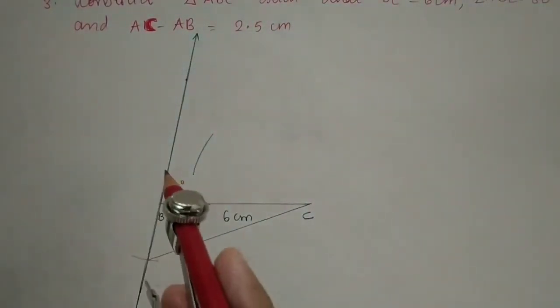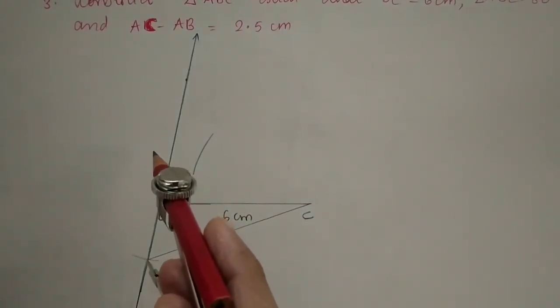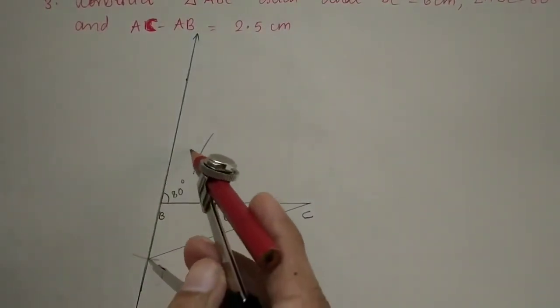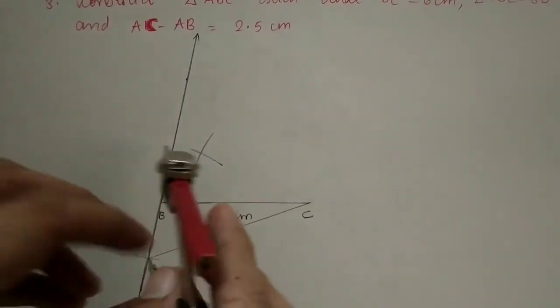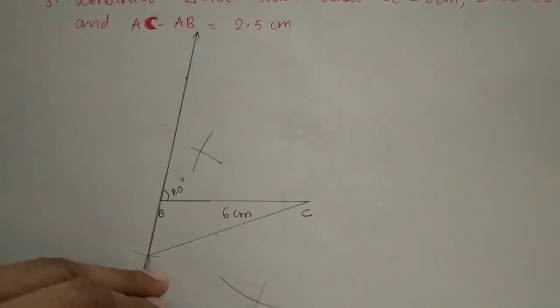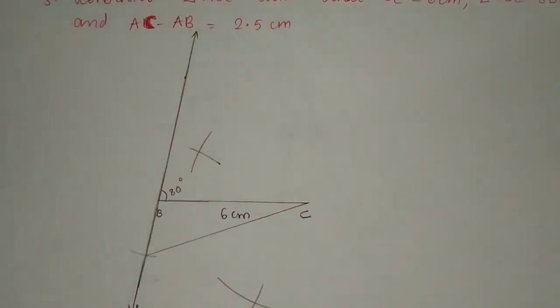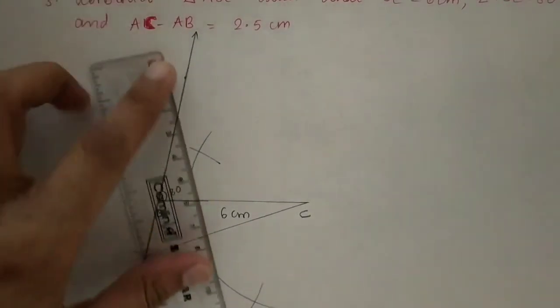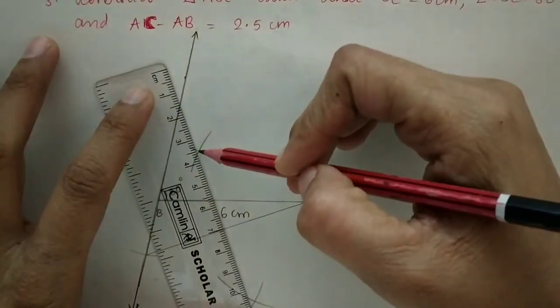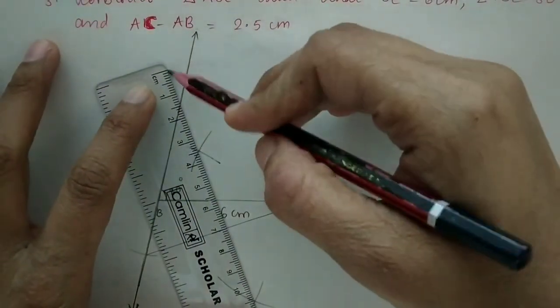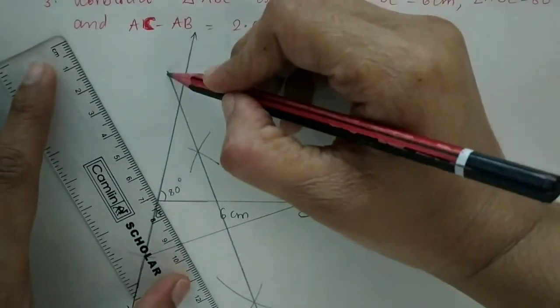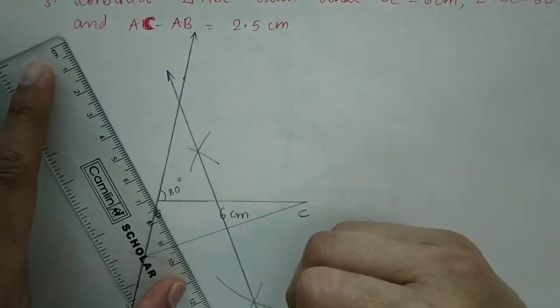Similarly, you'll be placing it here and drawing an arc up and down. After doing this, you'll be drawing a long ray, completely a line. So this is our line which we draw.